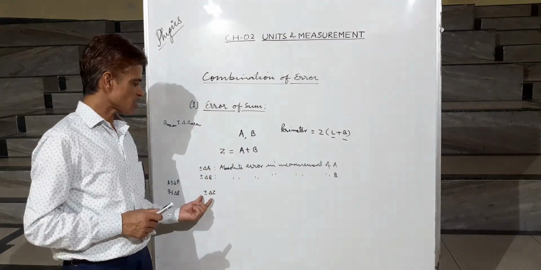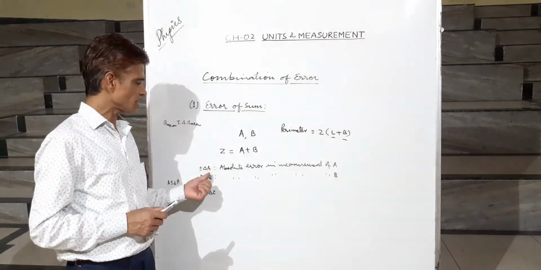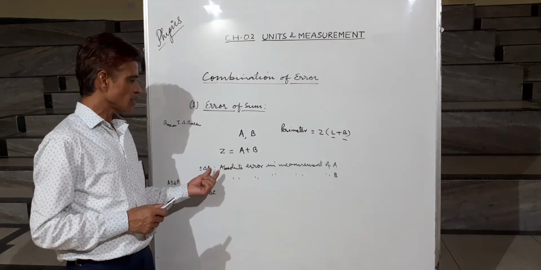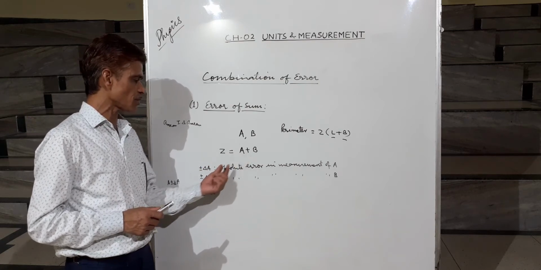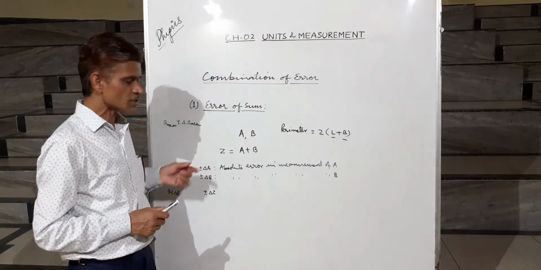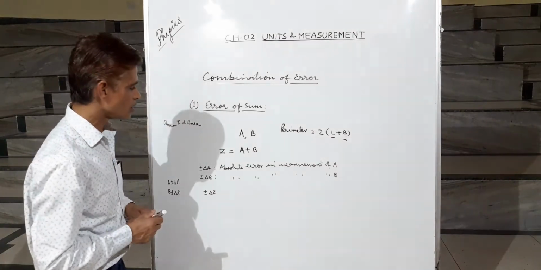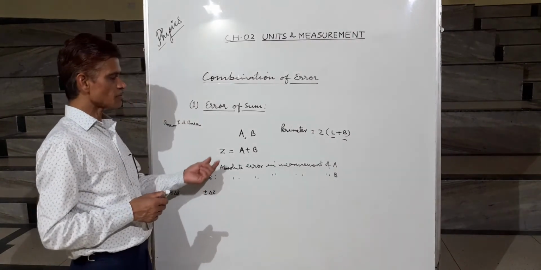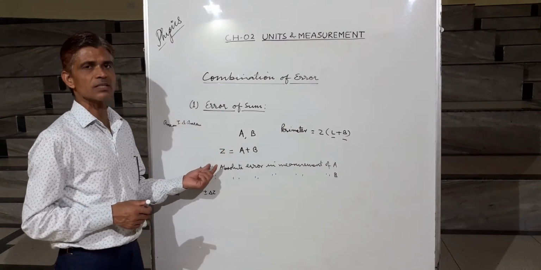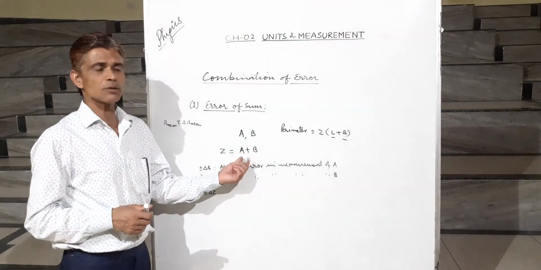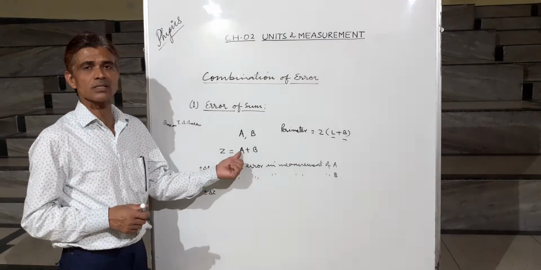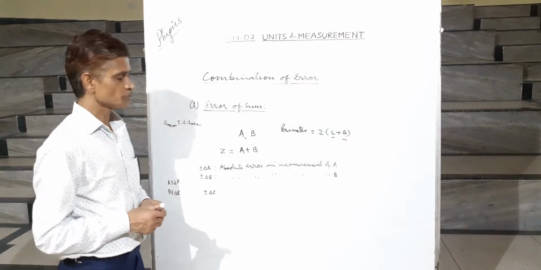So this error plus minus delta Z will be dependent on the measurement of the physical quantity A and measurement of physical quantity B, that is on these two quantities. So let us see how this absolute error in the measurement of Z is dependent on the errors that have been propagated in the measurement of these physical quantities A and B directly.